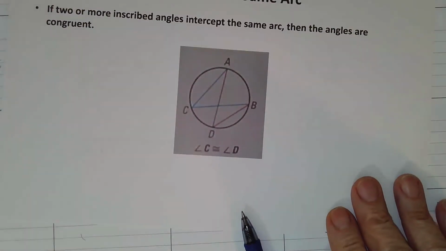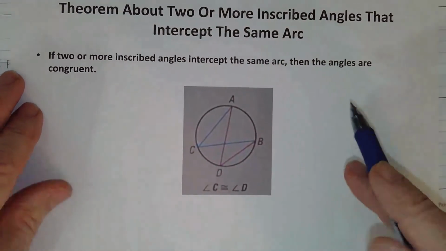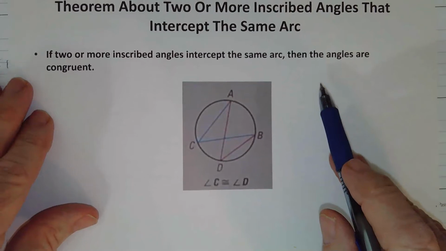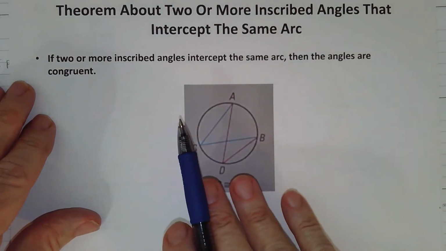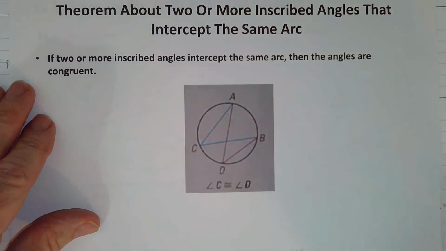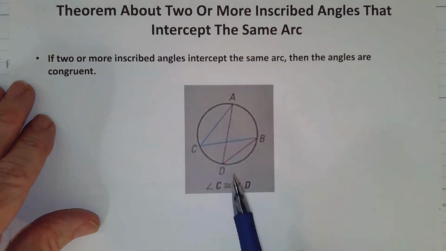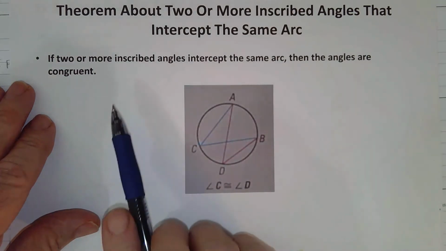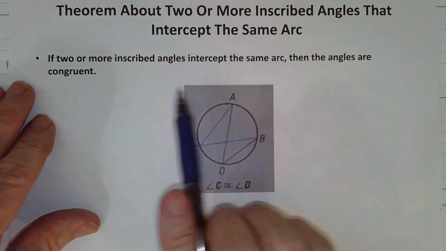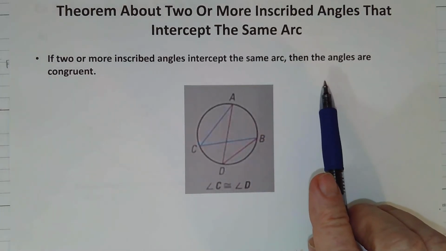Okay, so now we have a theorem about two or more inscribed angles. This is where most people stopped, and this may be where you're going to start again after this particular theorem. You're going to write the rest of your notes starting with the next screen. This one says, if two or more inscribed angles intercept the same arc, then the angles are congruent.